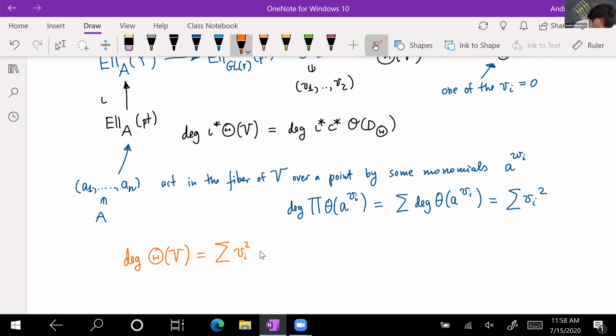If you want, this is like C1 squared minus 2C2.